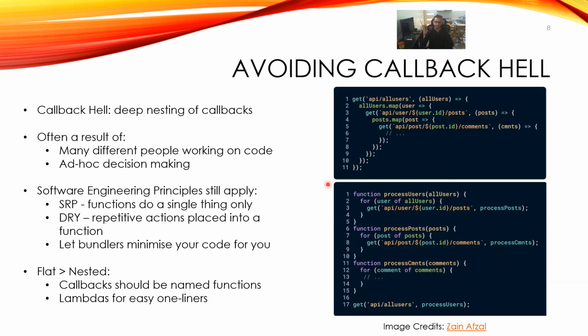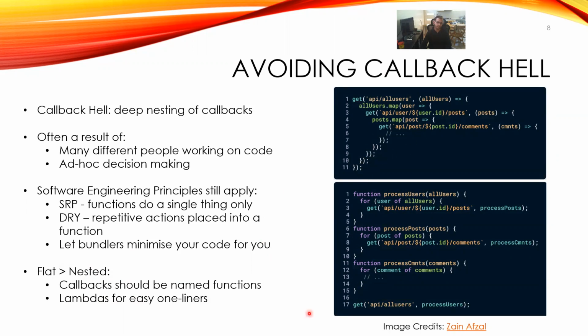And if you're worried about your bundle size getting big because function is like 8 letters, and that's 8 more bytes you have to send over the internet, then you should let your bundlers minimize your code for you. We don't want to sacrifice expressibility like this for trying to save a few bytes, right?